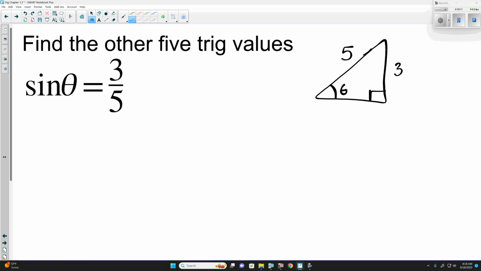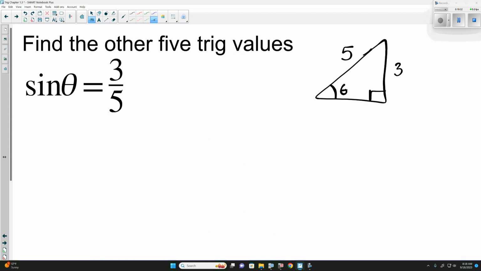Well, now we need to find the adjacent side to the angle. And what's it going to be? Because we have a side length of 3, missing the other, and the hypotenuse is 5. So the other side has to be 4, because this is a 3, 4, 5 right triangle.